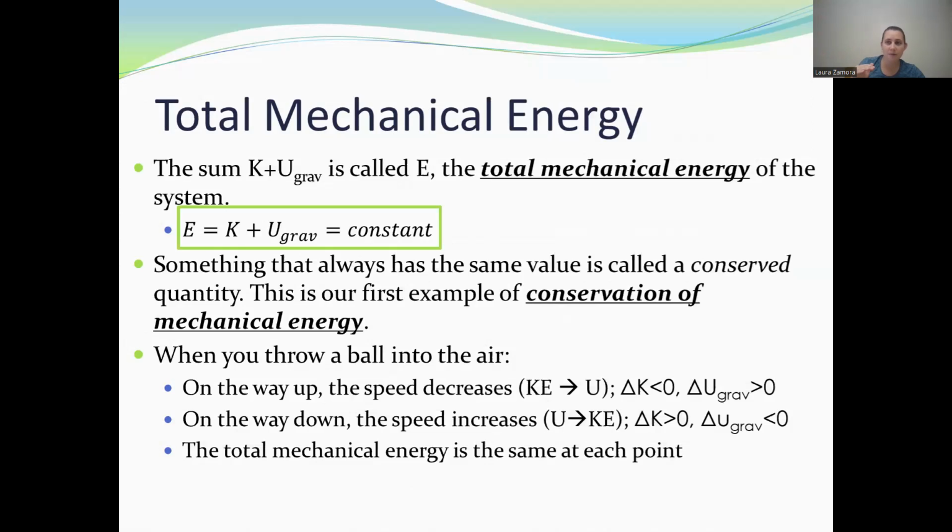But since the ball is now going higher and higher above your reference point, that means that it has more and more potential to fall to the ground, more chance to fall to the ground. And so it has more gravitational potential energy. So that kinetic energy is decreasing. At the same time, the potential energy is increasing.